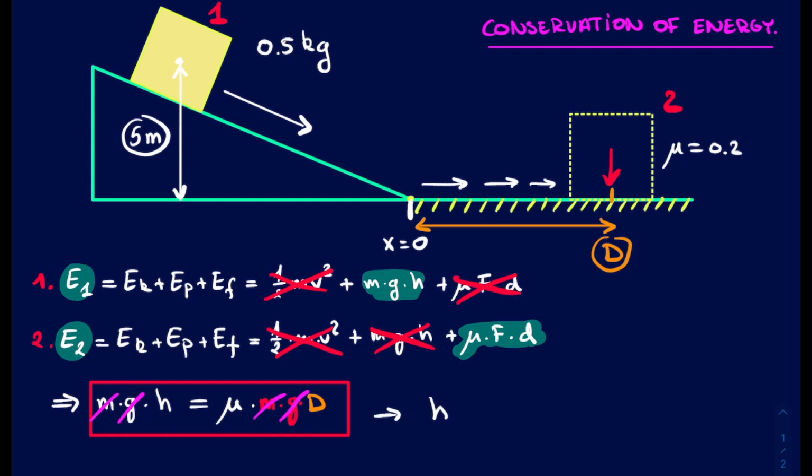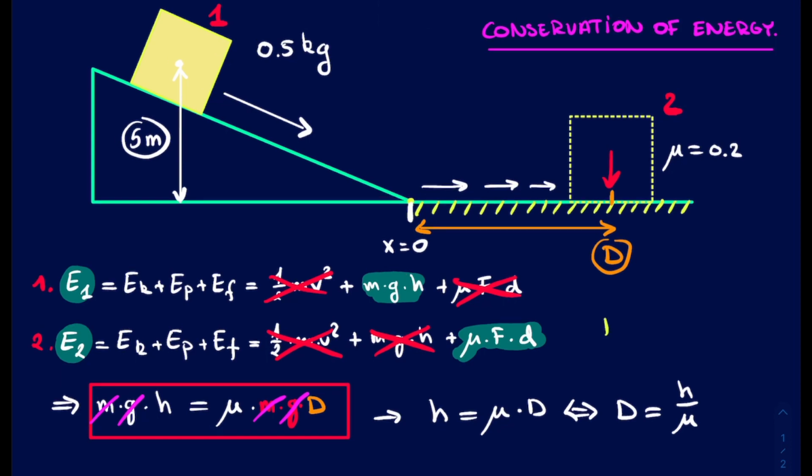We get that h, the height above the ground that our object started with, is equal to mu, the frictional constant, multiplied by d. Rewriting this to isolate d, we get that d, the distance that we're looking for, is equal to h divided by mu. And therefore we get that d is equal to 5 meters divided by 0.2, which is equal to 25 meters.